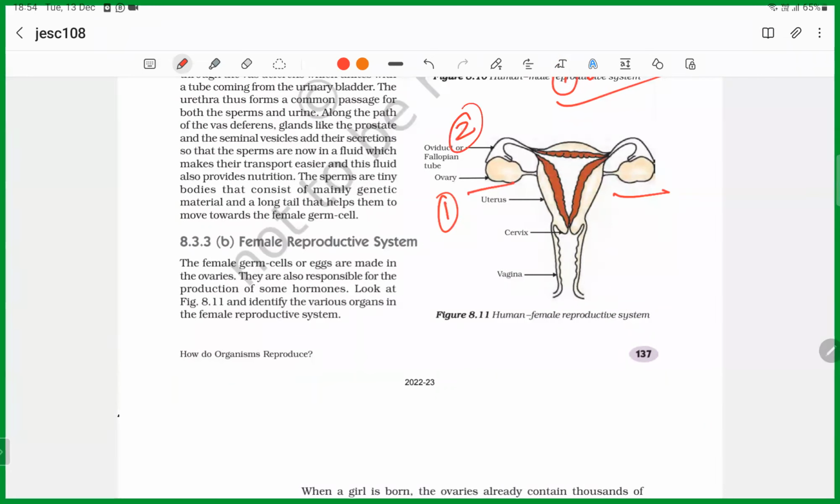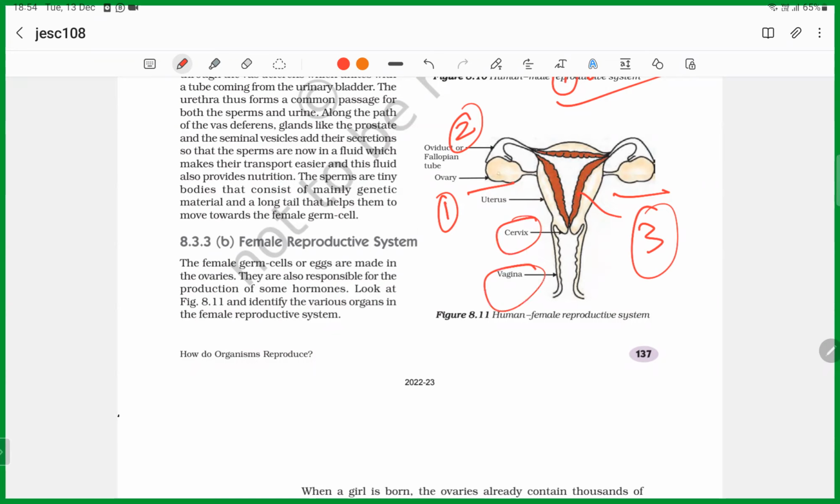And then the uterus with 3 layers of tissue, inner endometrium, myometrium, perimetrium, and the endometrium renovates every month. So that's why the menstrual period is there. And then cervix, and then vagina. So these are all the common components of the female reproductive system.